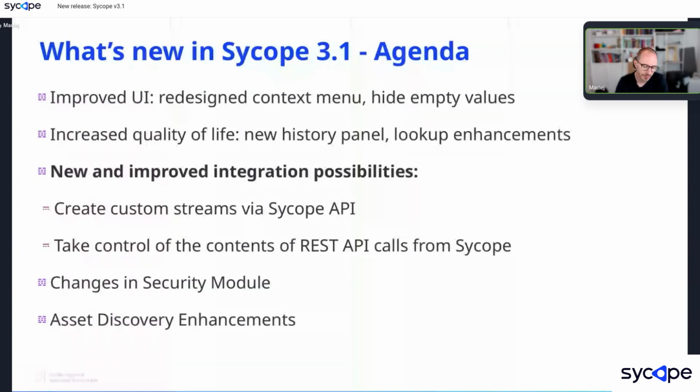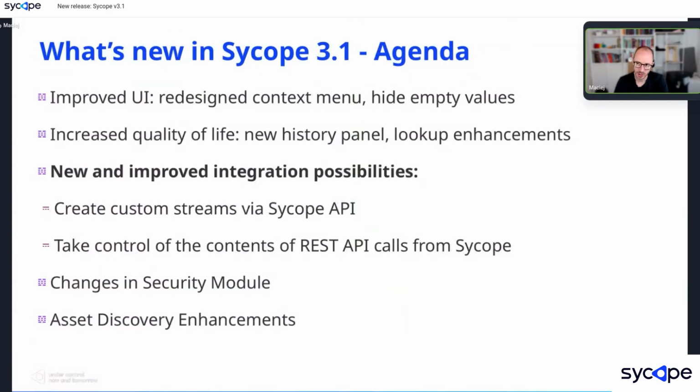Are you pulling data from this? Can I integrate it with my CMDB system? And so on and so on. So we decided, okay, let's make a change that will make it very easy for customers to integrate Sycope with basically any other existing products.